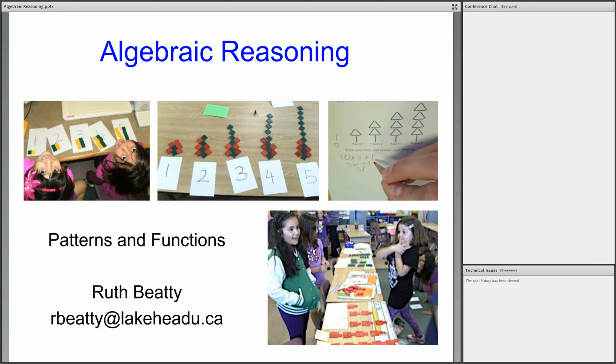So today's presentation is really going to be thinking about how we can support younger students to think algebraically. One of the things that we talk about when we talk about early algebraic reasoning is the fact that we're not asking younger students, say students in kindergarten to grade 6, to start doing algebra. When we think about algebra, we tend to think about solving for x or balancing equations.